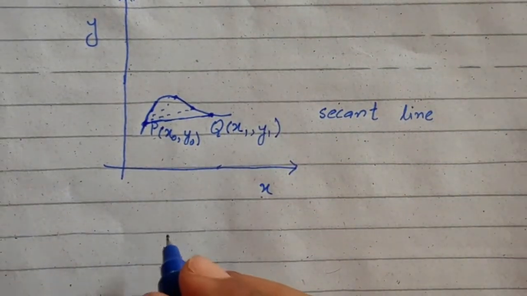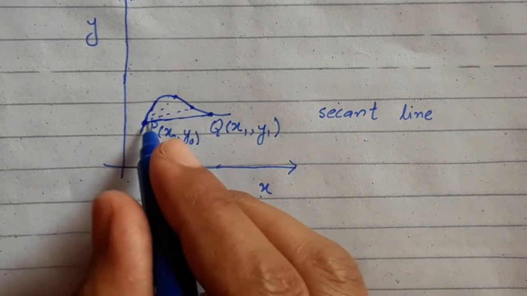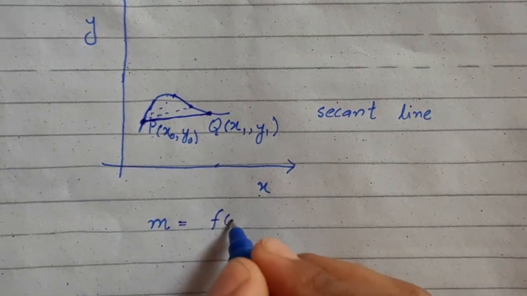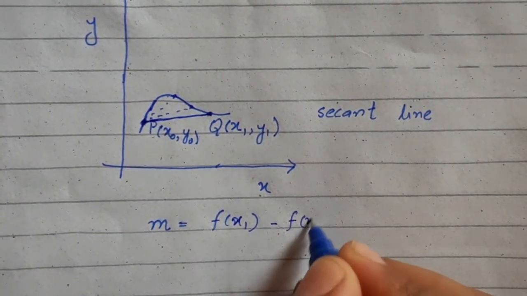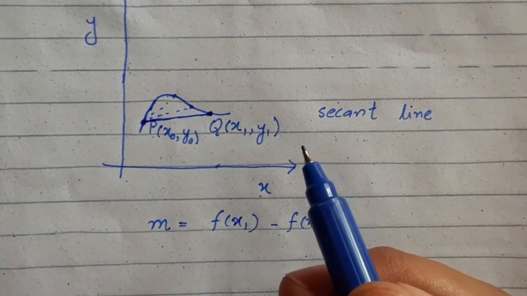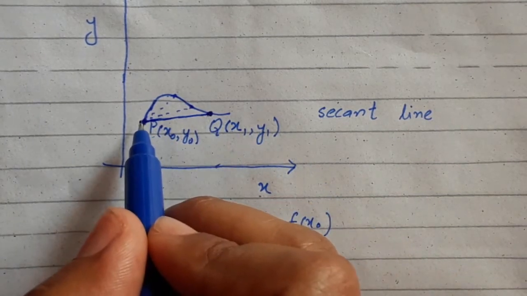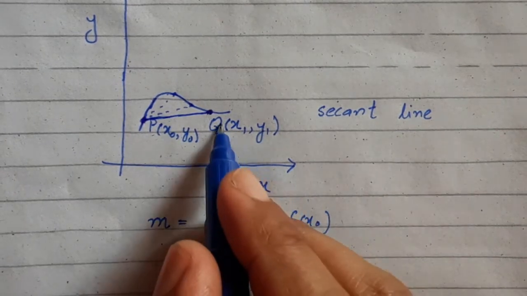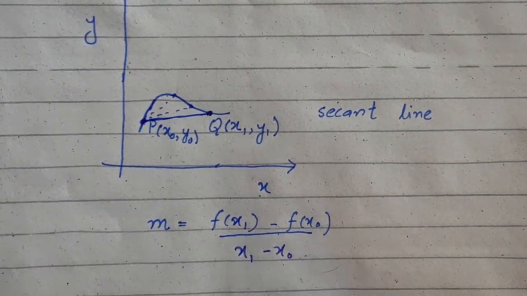Then the slope of this secant line is f of x1 minus f of x0, the value of the function at this point minus the value of the function at the initial point, divided by the final point minus the initial point, that is x1 minus x0.